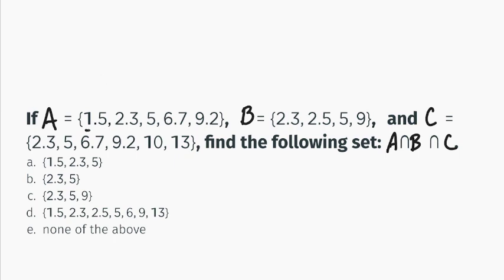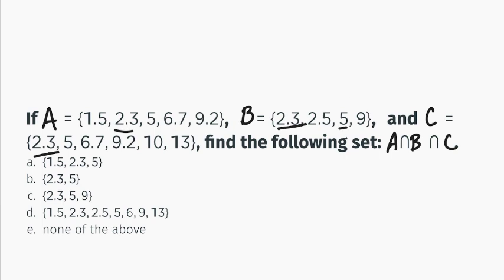So we can just pick any set among the three. So actually, we can pick the least one. So B contains the least elements. So let's check for B. So is 2.3 present on other sets? So we have 2.3 indeed on other sets. Is 2.5 present on any of the two sets? So it is not present on A. So we have to note that. What about 5?